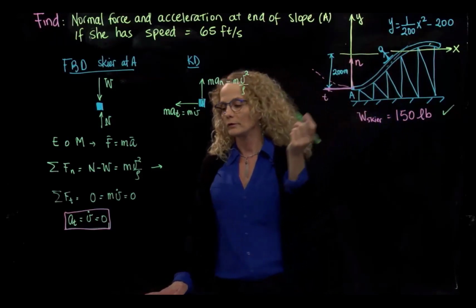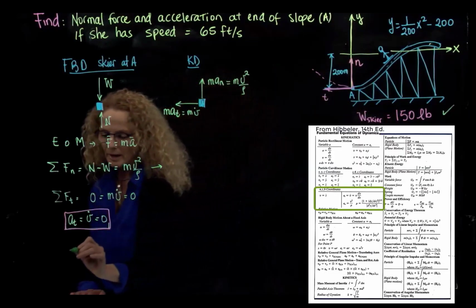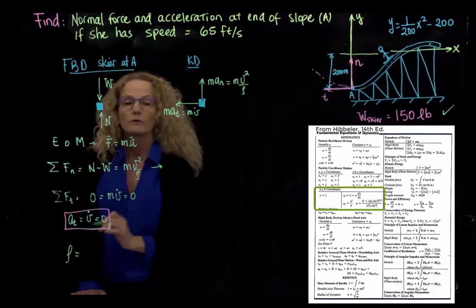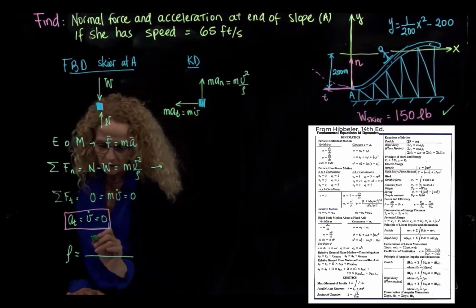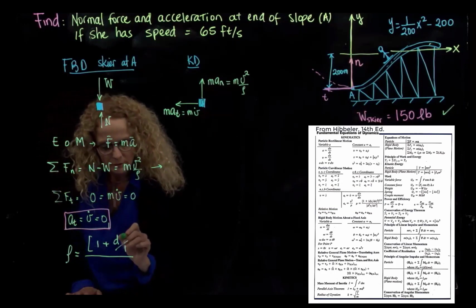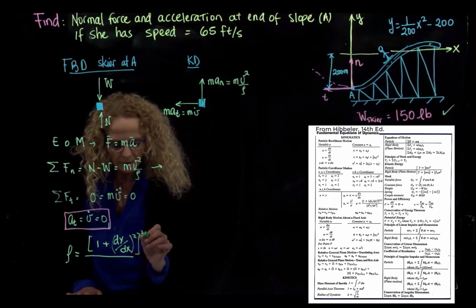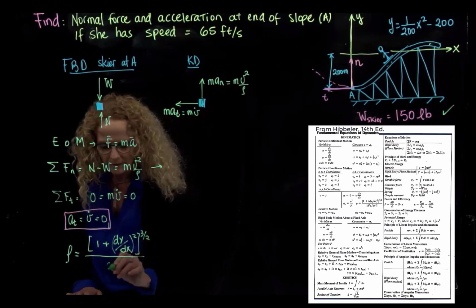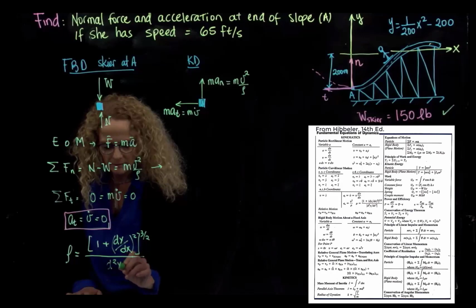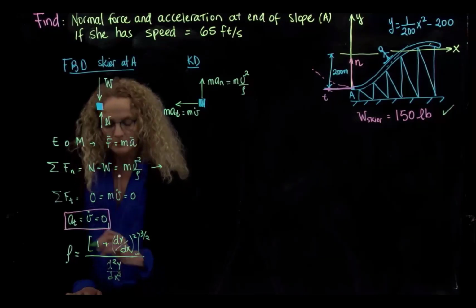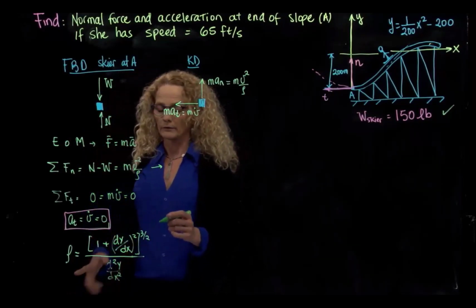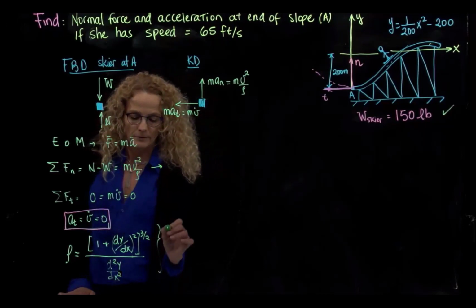If you don't recall, you can look it up in your formula sheet. The radius of curvature is 1 plus the derivative of y with respect to x squared, all to the 3 over 2, divided by the absolute value of the second derivative. So here we have to find the first derivative.